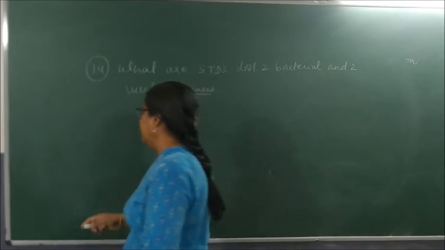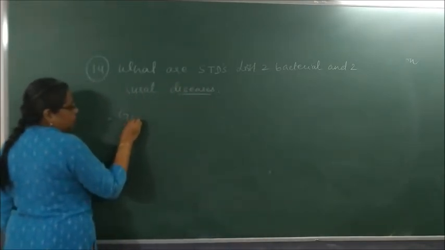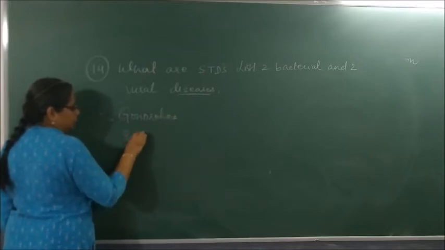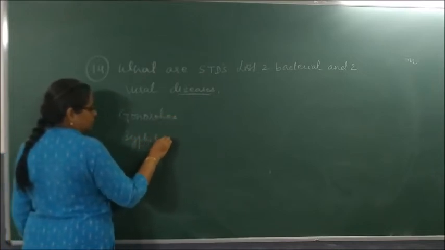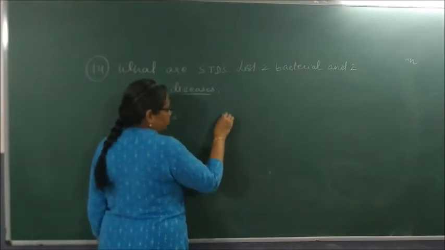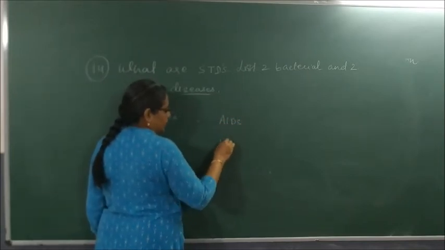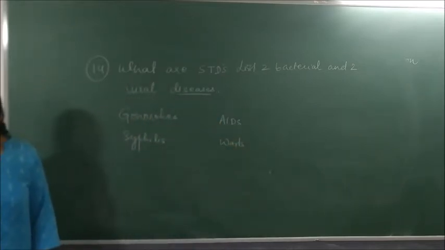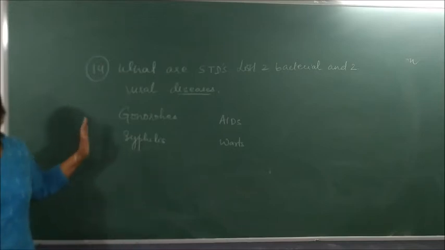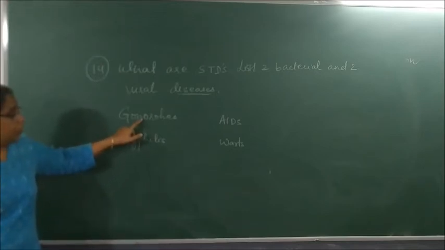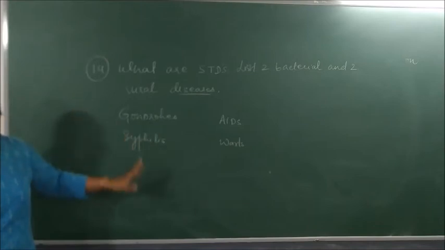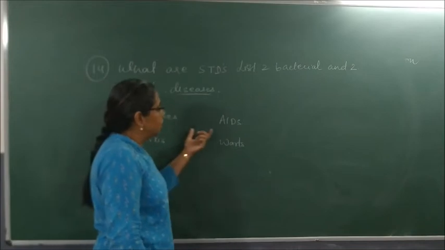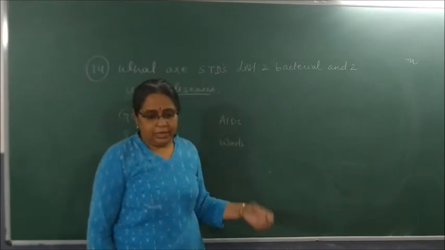So remember, bacterial diseases are gonorrhea and syphilis, and viral diseases include AIDS and warts. Please read this part very correctly, because every year a question comes on the spelling of gonorrhea, which may be wrong. Gonorrhea and syphilis are bacterial infections, AIDS and warts are viral infections.